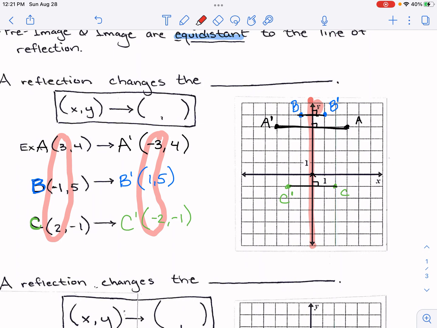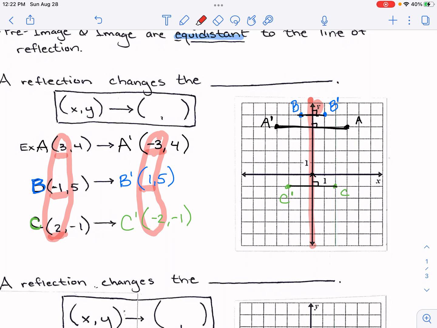Now hopefully we notice that from the pre-image to the image, they're all the same number, but they're a different sign. They're the opposite sign. As you can see here, we had a +3. Now we have a -3. We had a -1. Well, what's the opposite of a -1? It's a positive 1. And then we had a positive 2, now it's a negative 2.